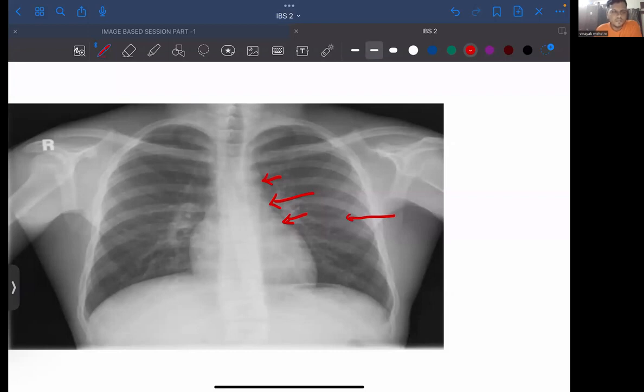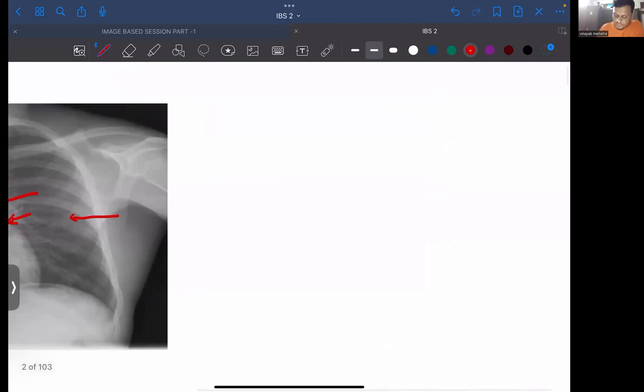I will draw a diagram. After that, whenever you are getting a question marked on a chest X-ray, please take a look while solving. First notch, or you can say first curve, second curve, third curve, and then comes a last large fourth curve.